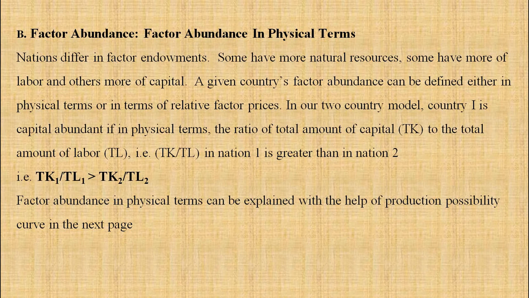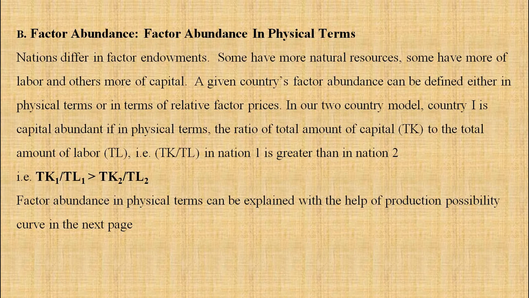Now, factor abundance in physical terms. Nations differ in factor endowments. Some have more natural resources, some have more labor and others have more capital. A given country's factor abundance can be defined either in physical terms or in terms of relative factor prices.